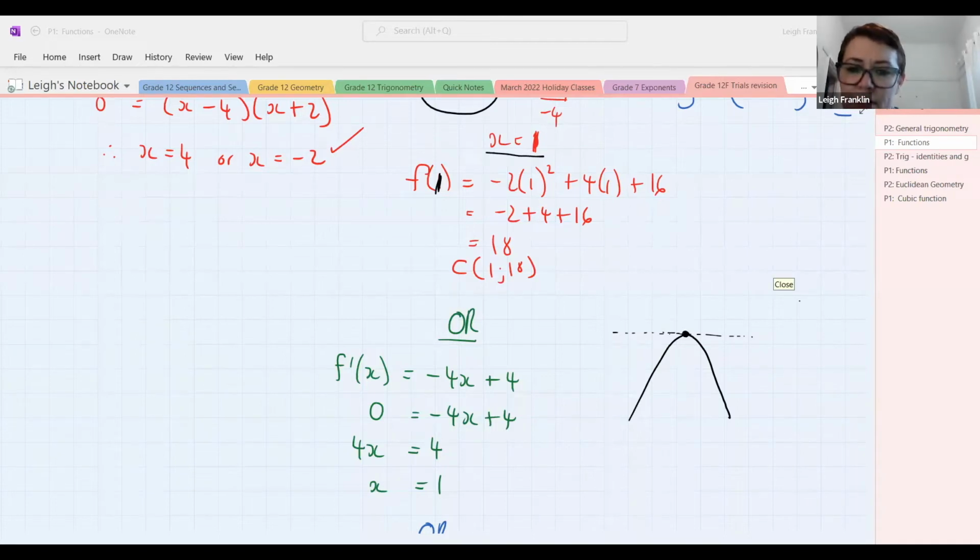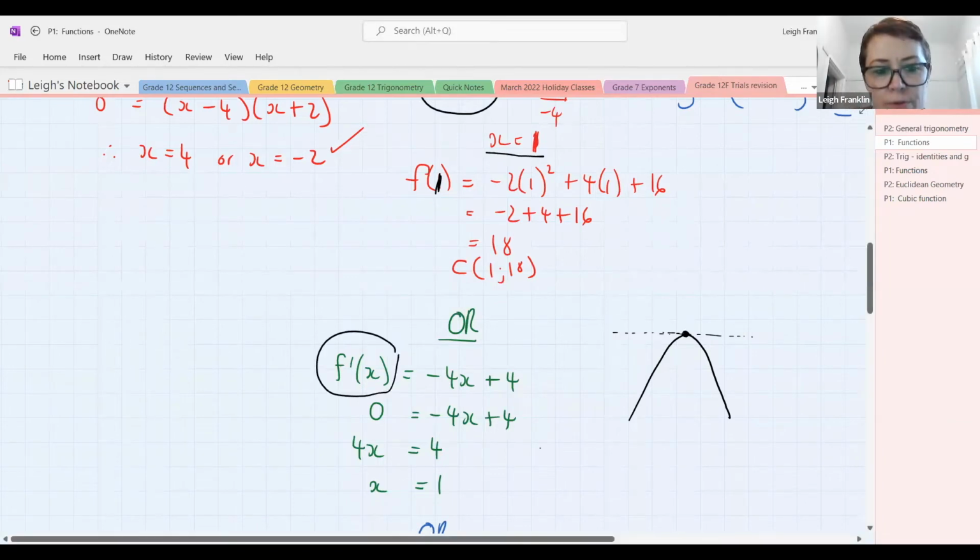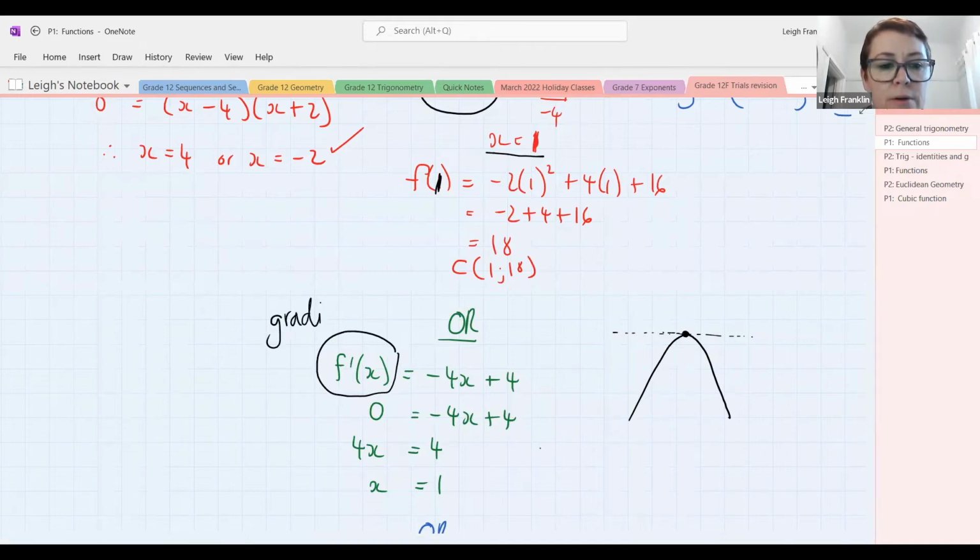Yes, 100%, everyone. That's why we're taking the first derivative, because we use the first derivative for gradient. The gradient is 0, so we can make the first derivative equal to 0 and then solve for the x coordinate at the turning point. Why is it 0?